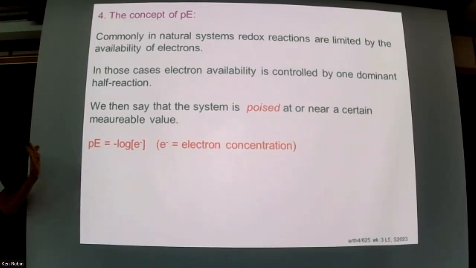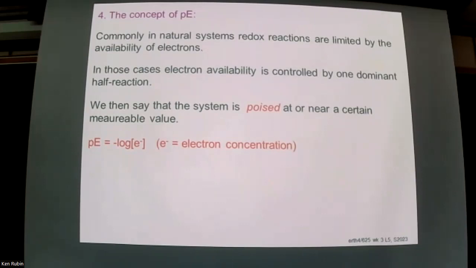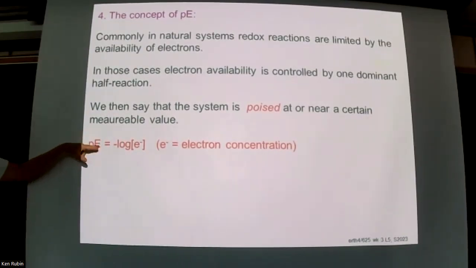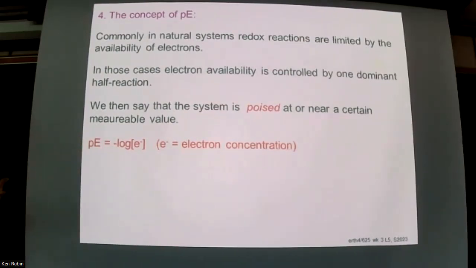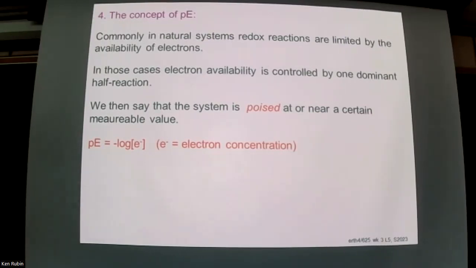You do the same thing with a half reaction, and we're putting in the minus log of the electrons. We're leaving them in our expression, rearranging, and we come up with this value of PE. So it's an important variable, just like pH, and we're going to look at PE-pH diagrams as important phase diagrams to understand the environmental conditions in one place or another.